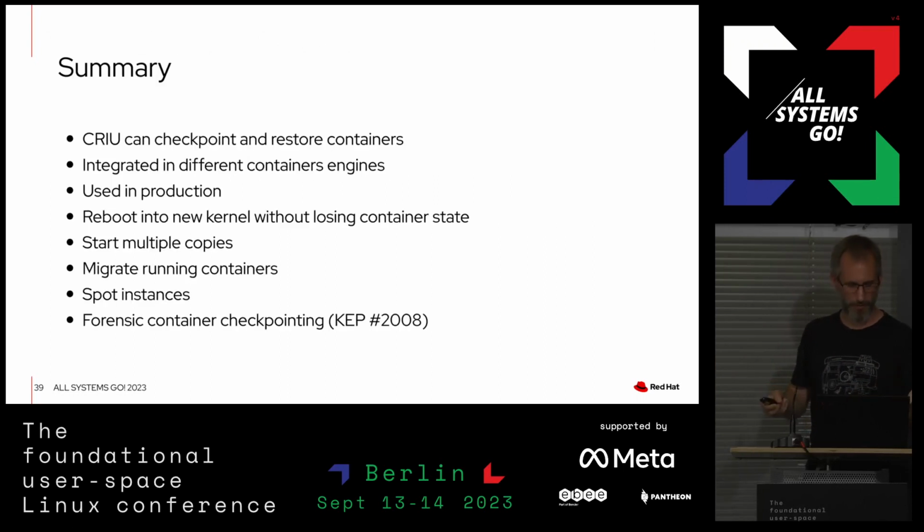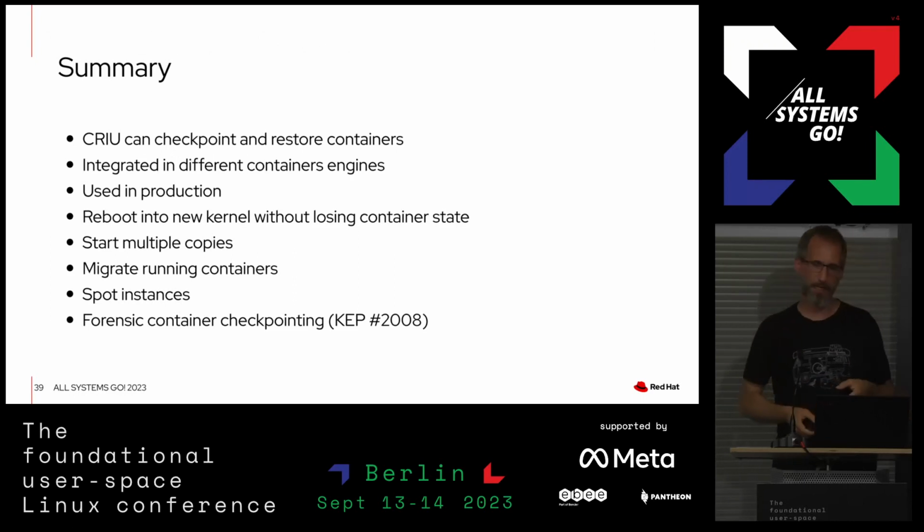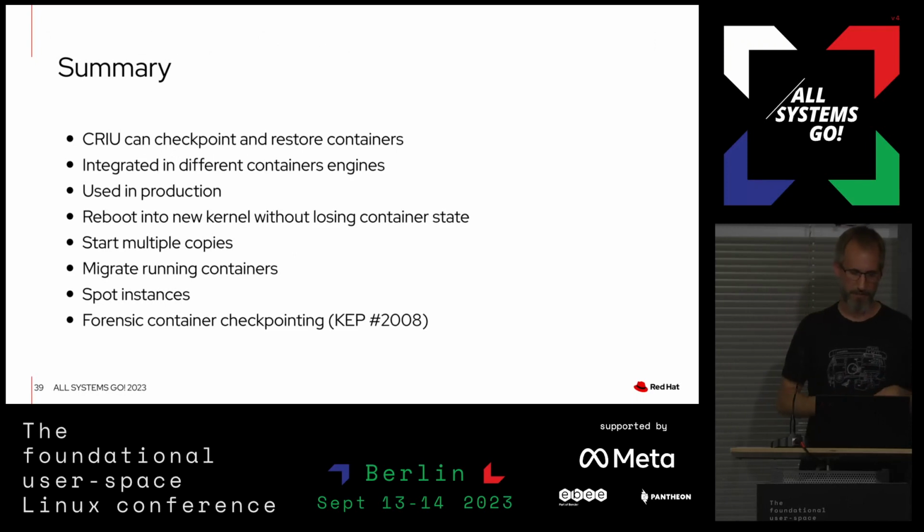The summary of my session today is basically that CRIU can checkpoint and restore containers. It's integrated in different container engines for many years now. It's used in production more than you probably expect at this point. Use cases I talked about are reboot into a new kernel without losing container state, starting multiple copies of one container quickly if we have a long time to initialize, migrating running containers, and using it for spot instances to hopefully save some money.